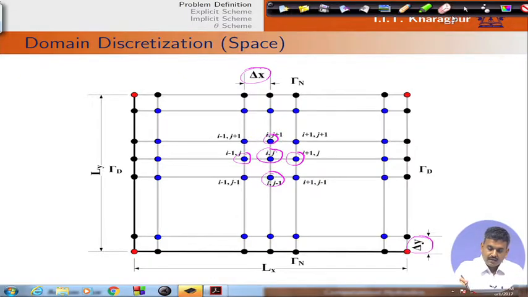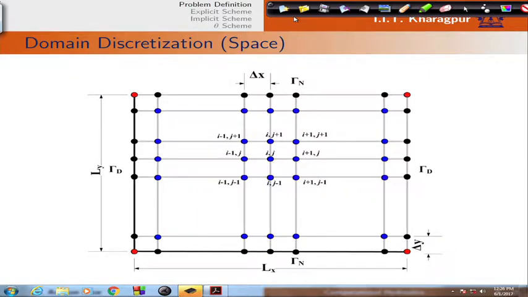With this, we need to introduce the temporal dimension. This is only spatial dimension discretization, and this is valid for the boundary value problem, and in this case also we can utilize it. However, we need one extra dimension to discretize the IBVP problem.